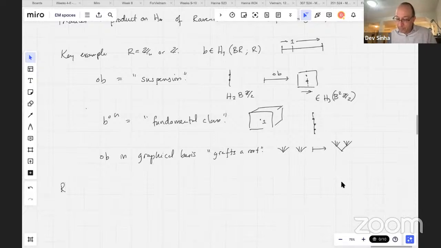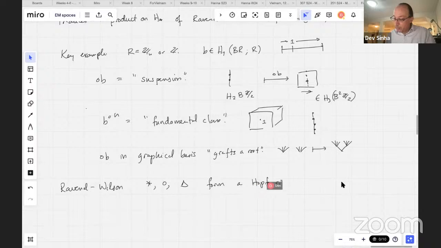And then Ravenel and Wilson say that our usual product and the circle product and the diagonal map on homology, which is the standard coproduct, they form a Hopf ring, and this is on the homology of all of the iterated bar constructions of all of these Eilenberg-MacLane spaces.